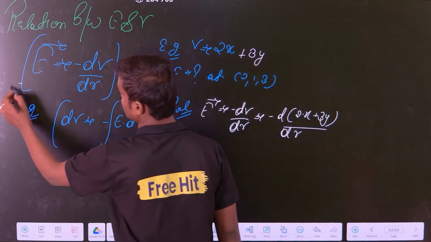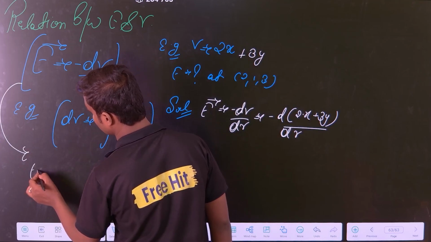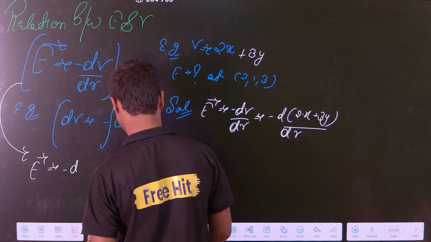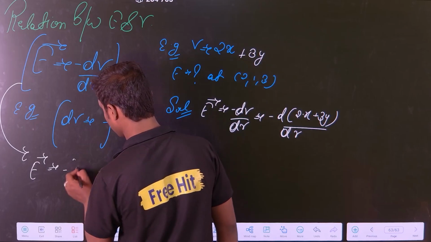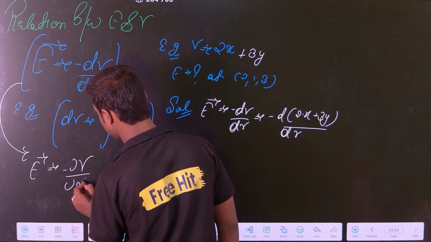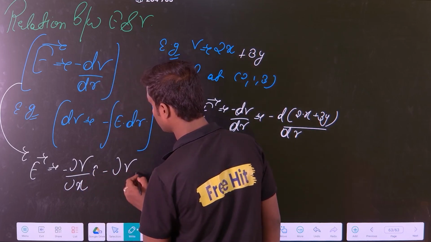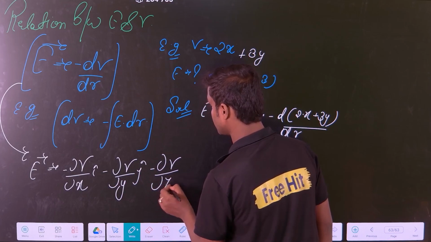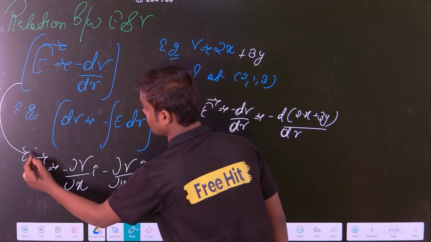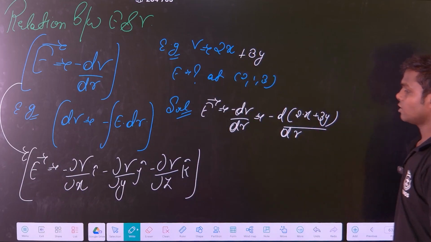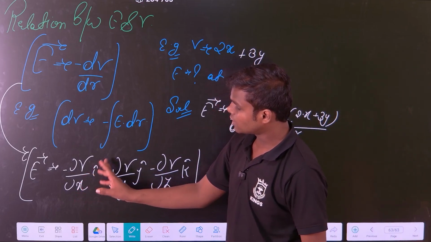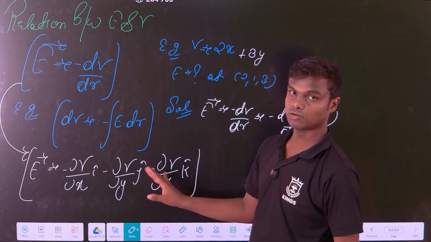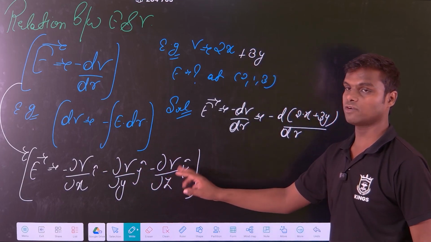If you expand this formula, E vector is equal to minus del V by del x i cap minus del V by del y j cap minus del V by del z k cap. That is the exact formula. It means partial differentiation with respect to x while keeping y and z constant. Similarly, differentiation with respect to y while keeping the others constant, and with respect to z while keeping the others constant.